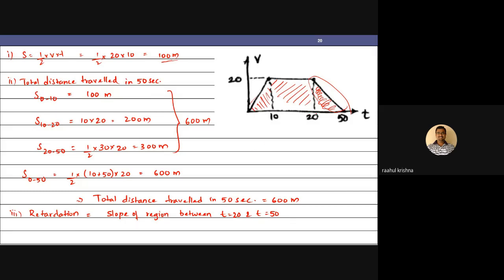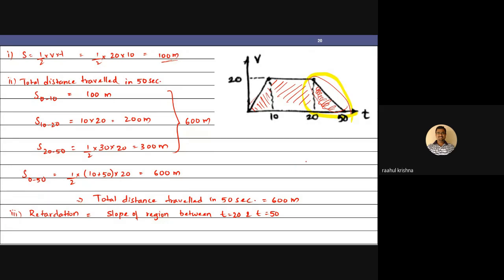So the retardation that I am going to find out is for this entire region, not just for any one instance, the retardation between t equal to 20 and t equal to 50.